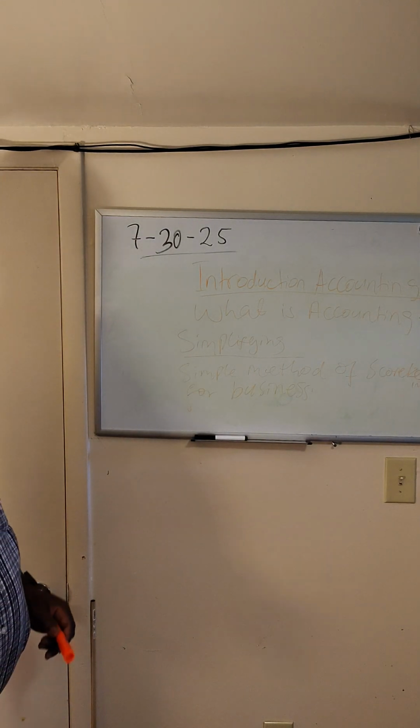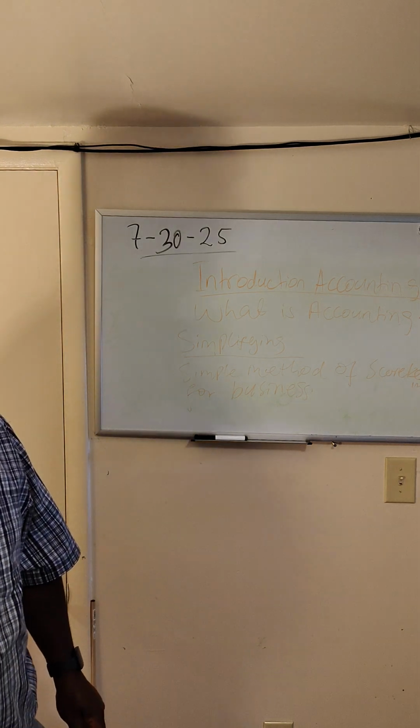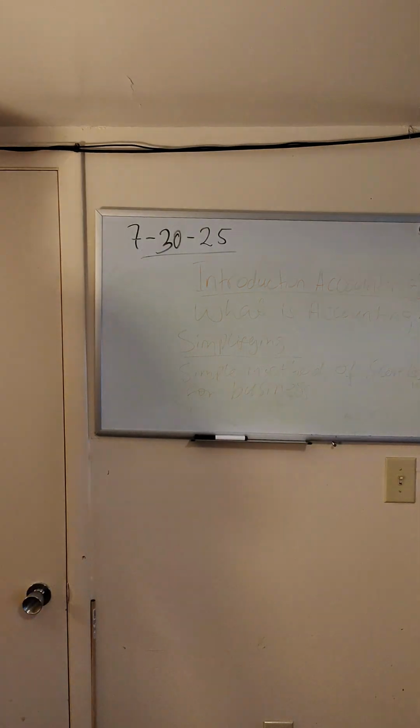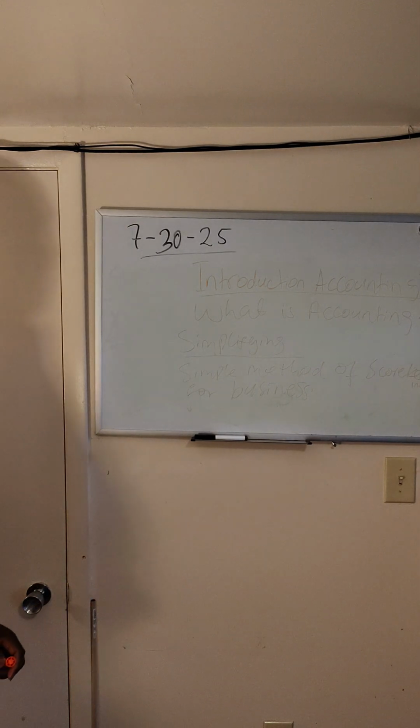So here we also have examples. Wow, this board is like, I need a big one because there's a lot of writing to be done. But you're going to use things like something called T accounts.